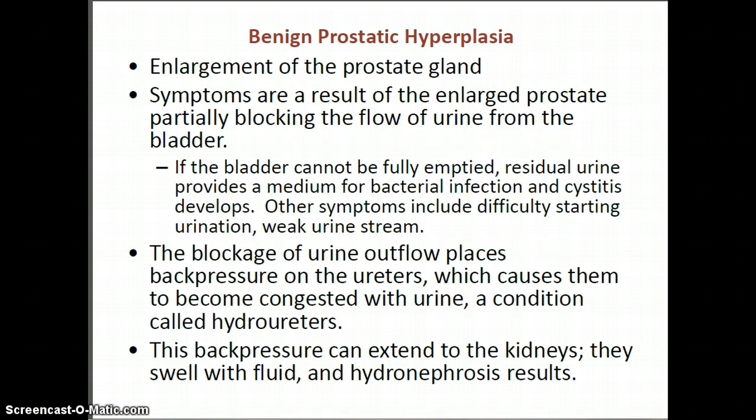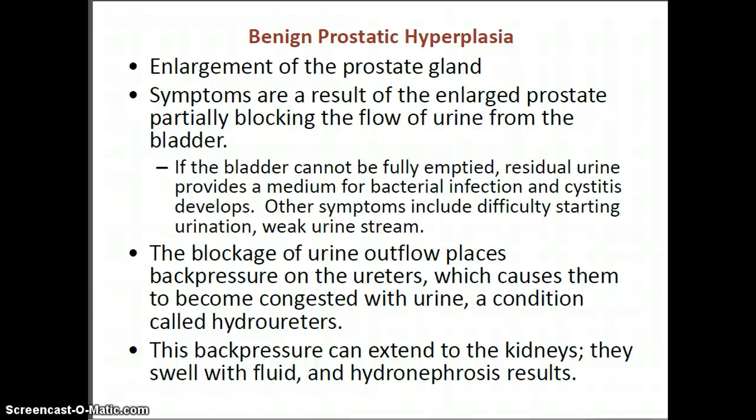All right, so here's benign prostatic hyperplasia, which is an enlargement of the prostate gland and a partial blocking of the urinary bladder that results. So if the bladder cannot be emptied, the residual urine provides a medium for infection, and cystitis can develop. And a weak urination stream would also develop.